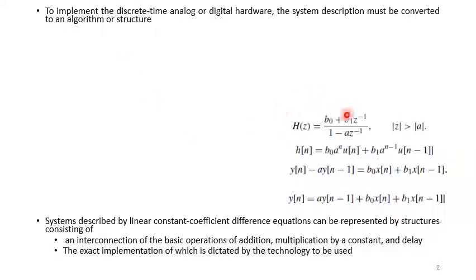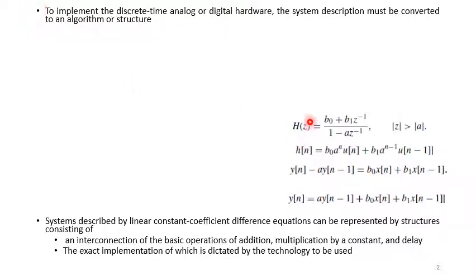So this is the description of the first order LTI system using the system function. I hope that you are very well familiar with such equations, because we have done these topics in much more detail in the previous two chapters, the first on transform analysis, and the second on the Z transform.